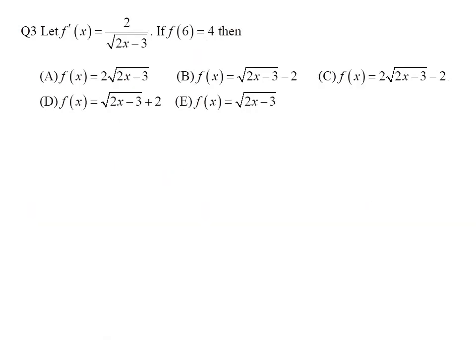In question 3, a derivative function f prime of x equals 2 over square root of 2x minus 3 and f of 6 equals 4. The question is to find the rule of its original function f of x. Since f prime of x equals 2 over square root of 2x minus 3, f of x can be obtained by performing the integration.